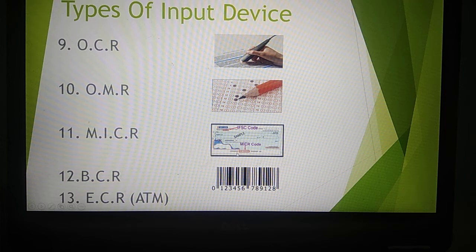It will recognize magnetic ink characters. BCR, barcode reader. A barcode reader input device reads these bars. And ECR, electronic code reader, recognizes our ATM, debit and credit cards. Is it clear?